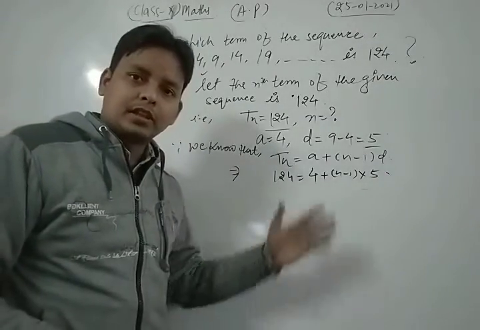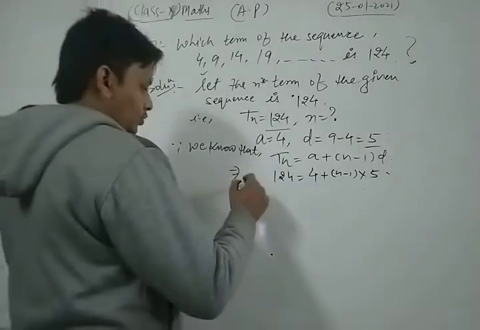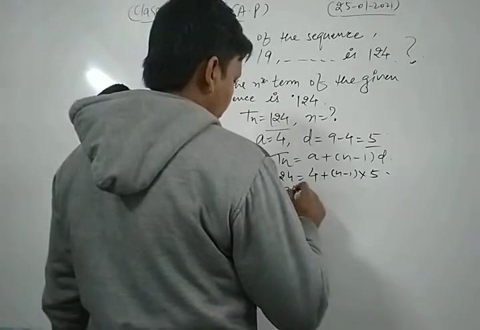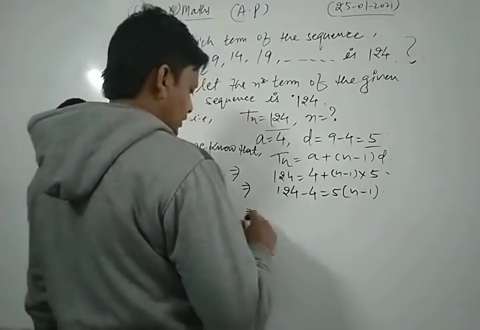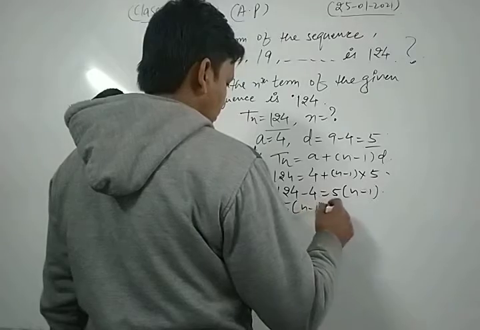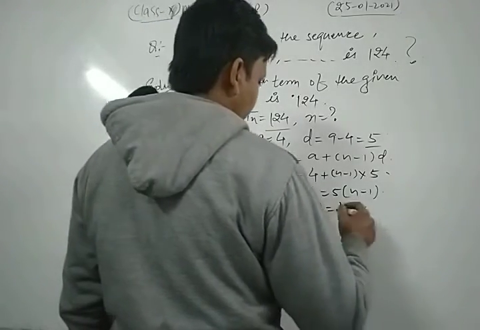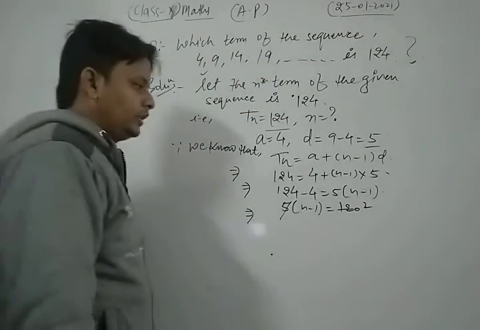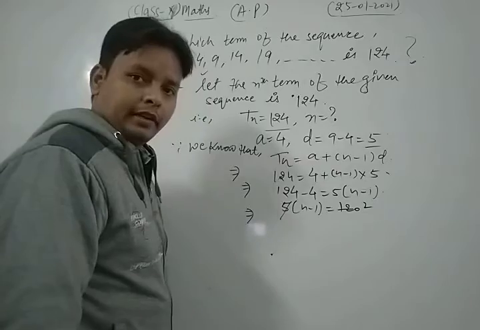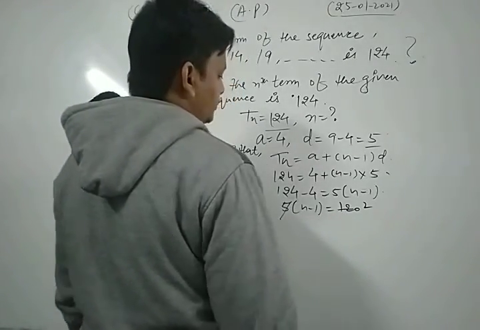Now we just simplify the given relation. That is 124 minus 4 is equal to 5 into n minus 1, so 5 into n minus 1 is equal to 120. 5 times 2 is 10, and 5 times 4 is 20, so 5 times 24 is 120.